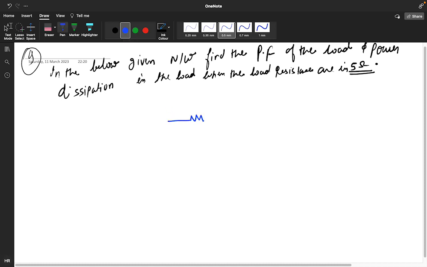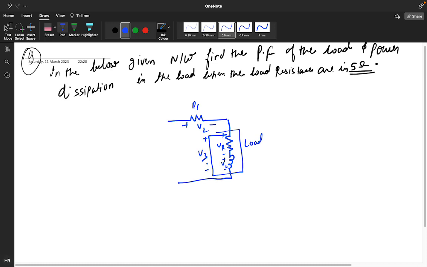Suppose you have a network like this: R1 positive, negative, this is V2, this is positive, negative, VR, and this is positive, negative, VL. Now I am considering this is our load, positive, negative, V3.